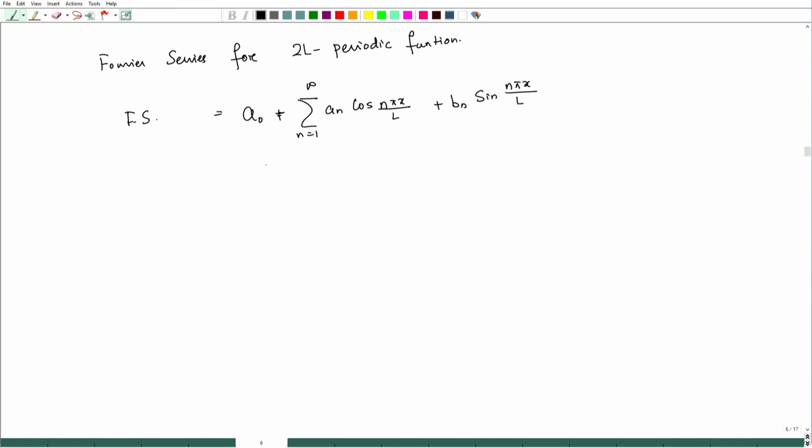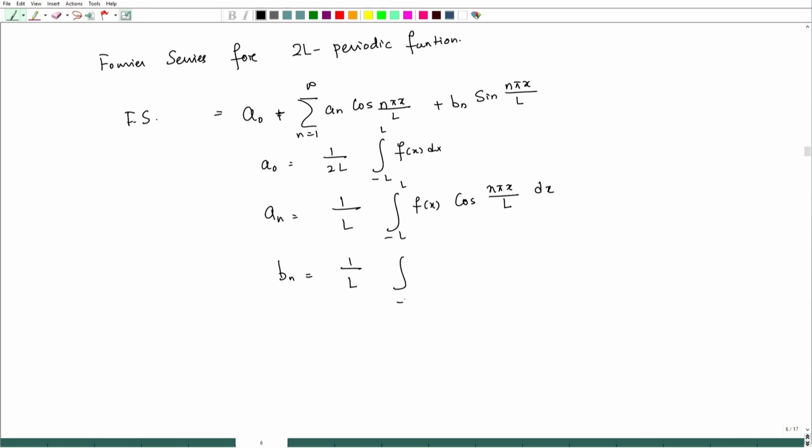In the same fashion we can define a 0 equal to 1 by 2L, the integral from minus L to L of f of x dx, a n equal to 1 by L, the integral from minus L to L of f of x cos n pi x by L dx, and b n equal to 1 by L, the integral from minus L to L of f of x sin n pi x by L dx.